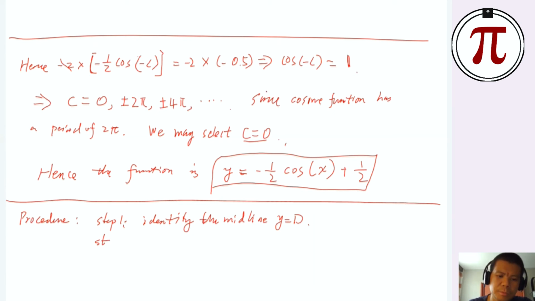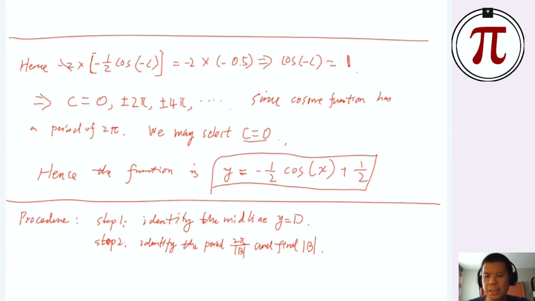Step 2, identify the period, 2 pi over the absolute value of b, and find the absolute value of b, and then select the positive value. Select b as positive.